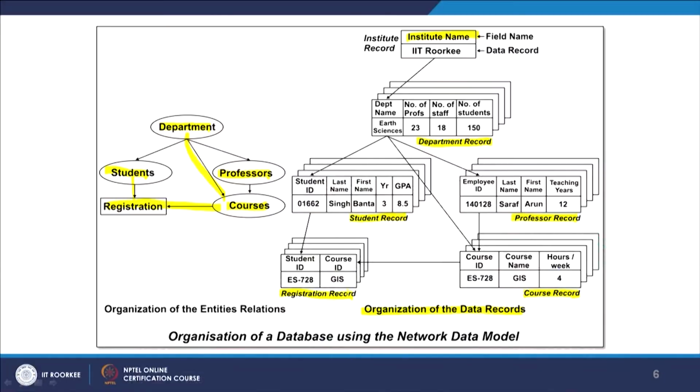But what is additional is the registration record, which is kept here about each course, and students' data is linked. So, this linkage will provide some additional information, additional access and network links also. Here the department is directly linked with the courses, the students, and the faculty also.